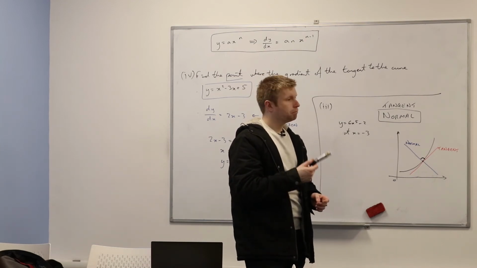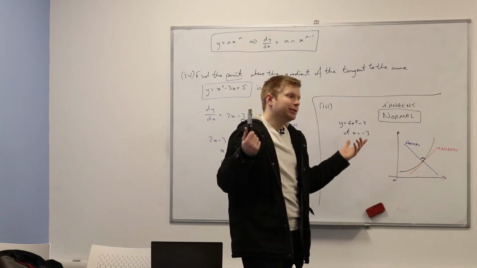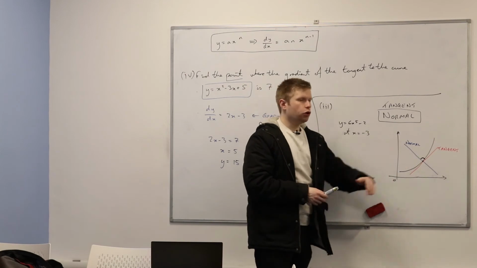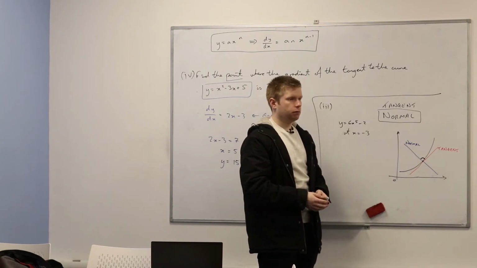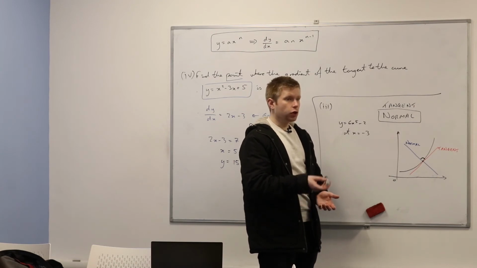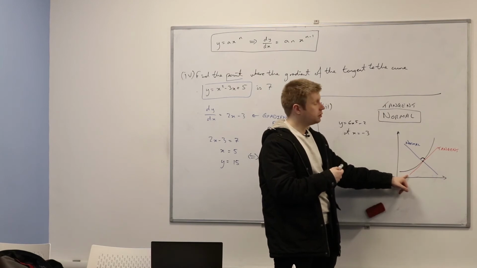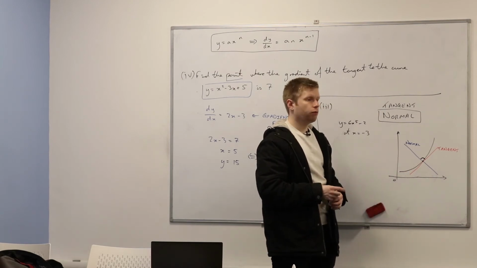Think about the relationship between normals and tangents. They're perpendicular. So if I know the gradient of the tangent, I can find that. We've done that hundreds of times. How could I find the gradient of the normal from the gradient of the tangent?